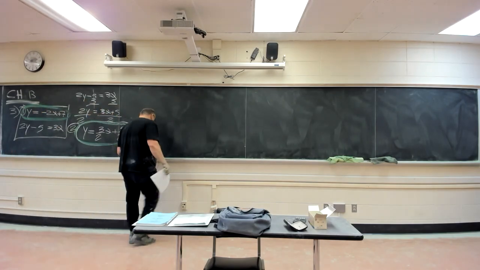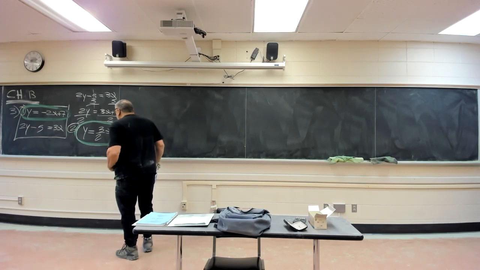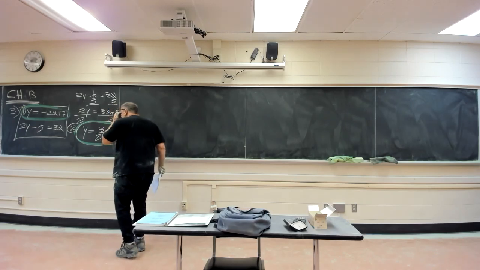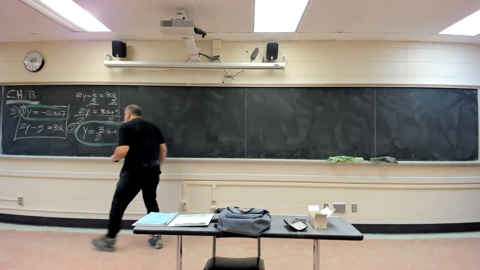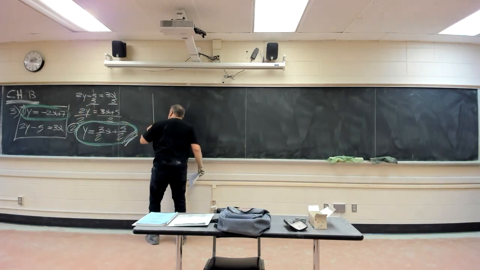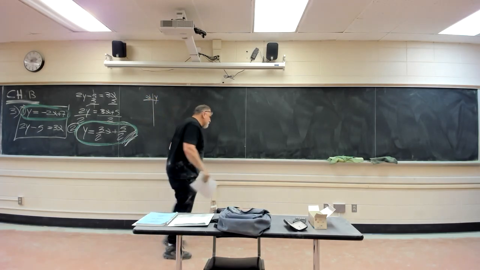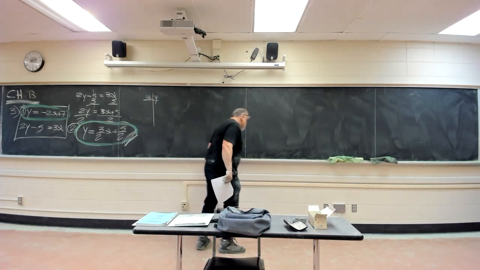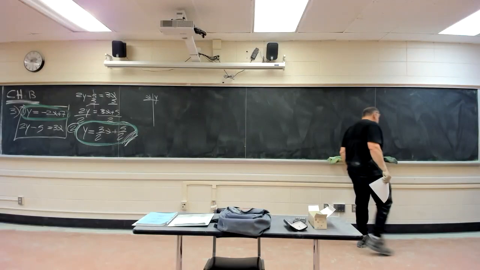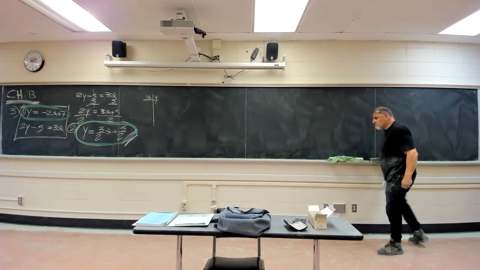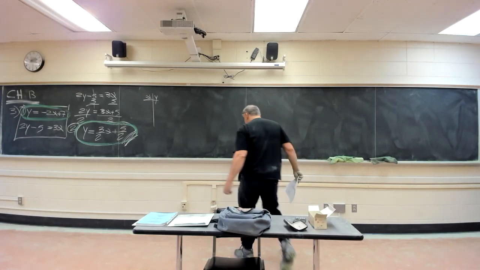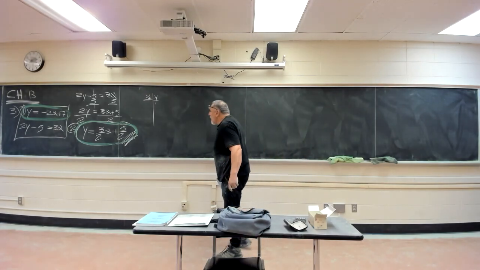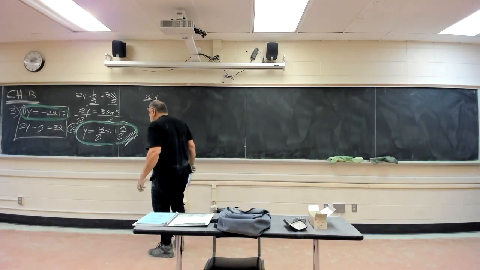If you were going to actually look at that and just try to graph, for this one right here, do a T-chart and start plugging in some points. Do a T-chart, start plugging in some points for the first one.